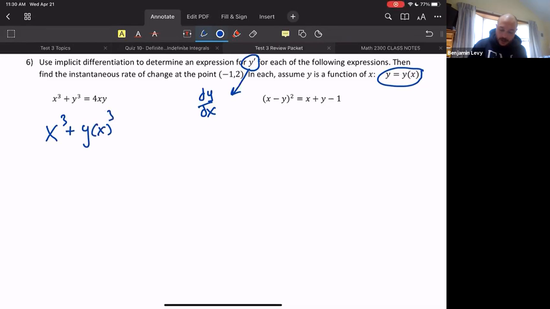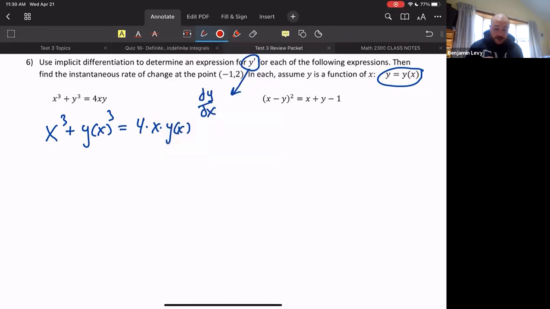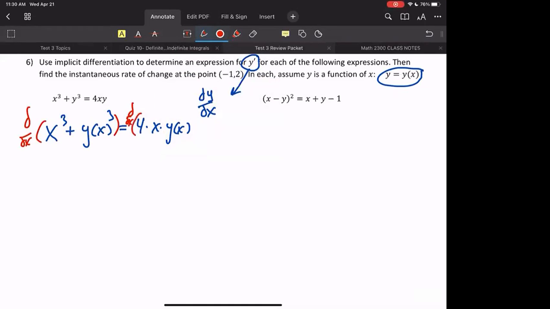I'm just noting that y is a function of x. What it's asking us to do is take d/dx on both sides, and then find out what y prime is.